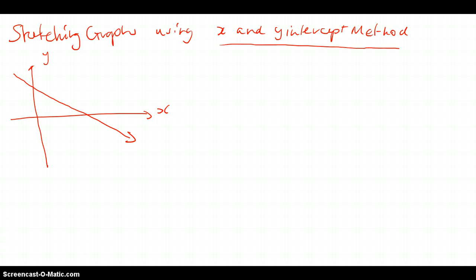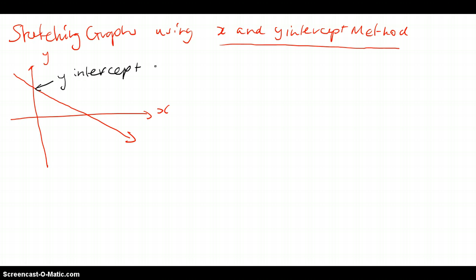What we can say is this point that hits the y-axis is known as the y-intercept, because this is where the line hits the y-axis.